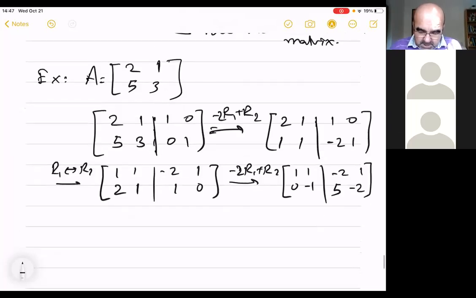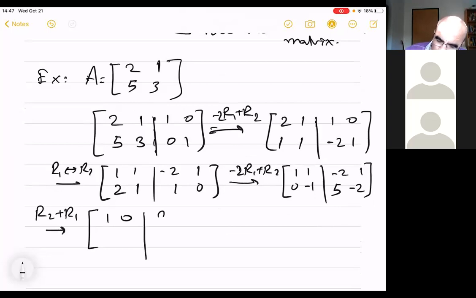Next, let's add row 2 to row 1, so that this 1 becomes 0. It's 1, 0, 3, -1, 0, -1, 5, -2.